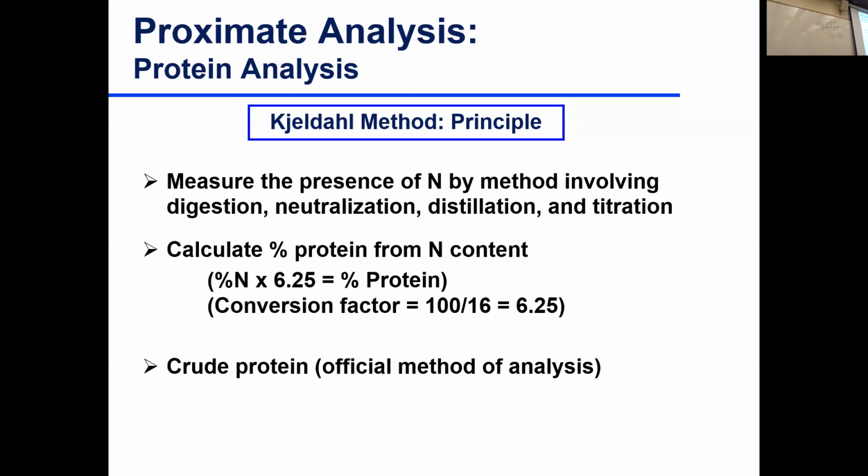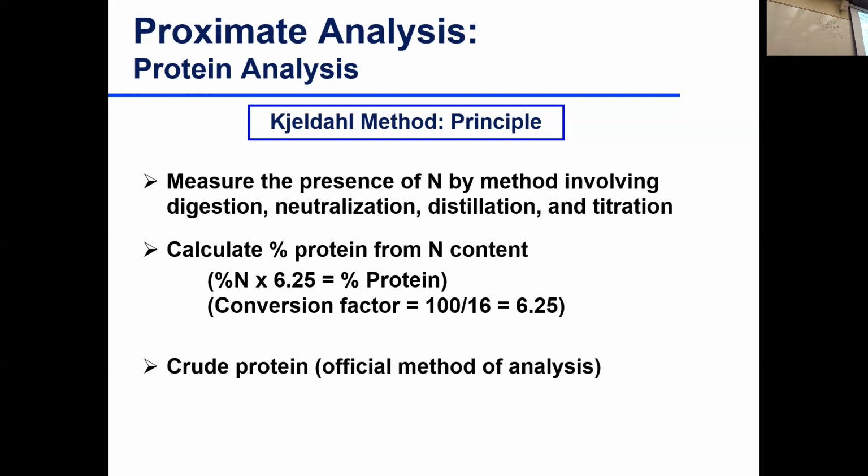No, you have basic amino acids that have extra amino groups in them. So proteins differ in their composition of amino acids, which means you have a difference in percentage of nitrogen across different sources of protein. Based on the percentage of nitrogen, you have a conversion factor.